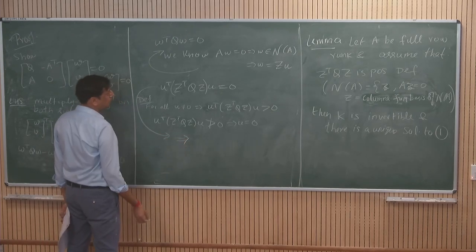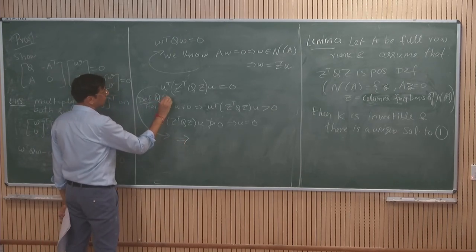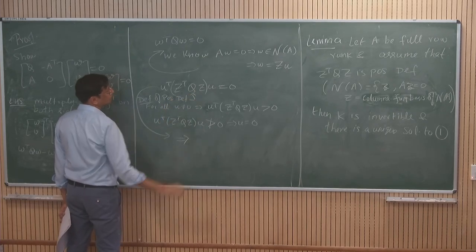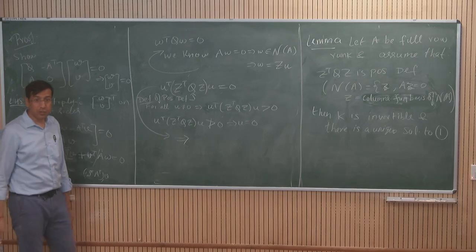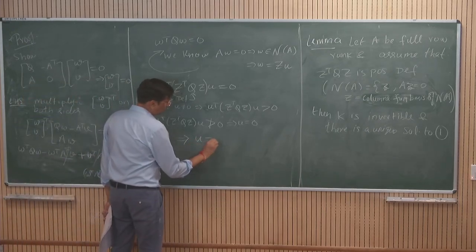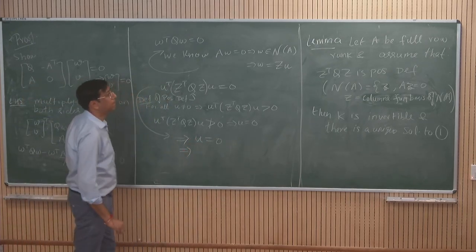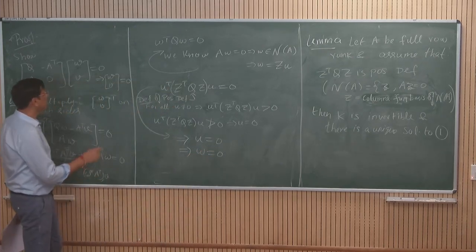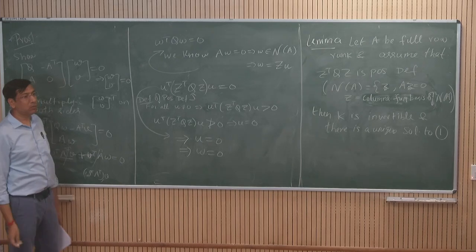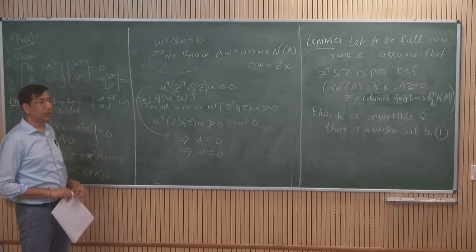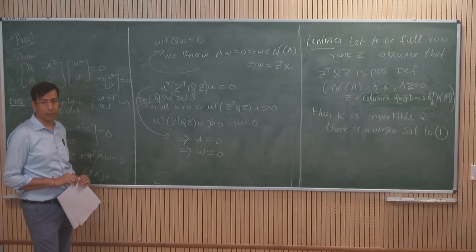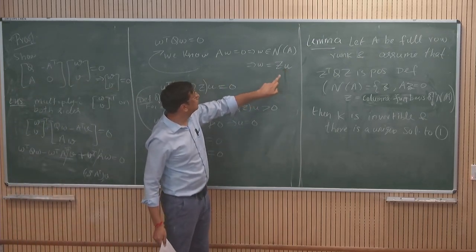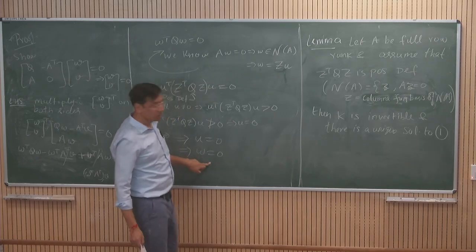This implies U is 0, which would imply W is 0. So at least one part we were able to prove that W is equal to 0. Correct? W is Z times this, and this is 0. So multiply anything with 0, you will get W is equal to 0.